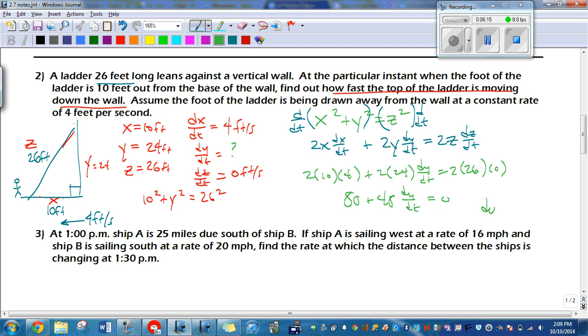So we can solve for dy dt: subtract the 80, divide by 48, and we get negative 80 over 48, which simplifies to negative 5/3. For this one, our answer needs to be labeled. We have negative 5/3 feet per second. So the ladder is moving down the wall at negative 5/3 feet per second.